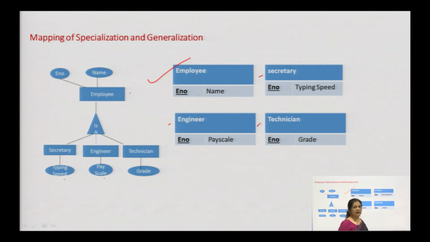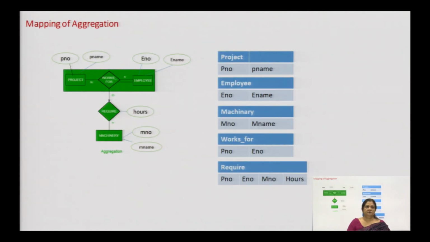For each subclass, use the key of the superclass and the special attribute of the subclass, which in case of the secretary is the typing speed, in case of the engineer is the pay scale and in case of the technician is the grade. So, this is how we will do the mapping into the relations for specializations and generalizations.